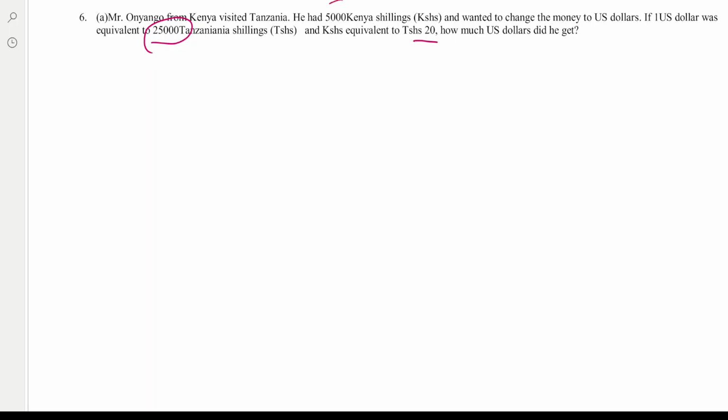So actually we are converting 5,000 Kenyan shillings into USD. So here we go. We were given that 1 Kenyan shilling equals 20 Tanzanian shillings.